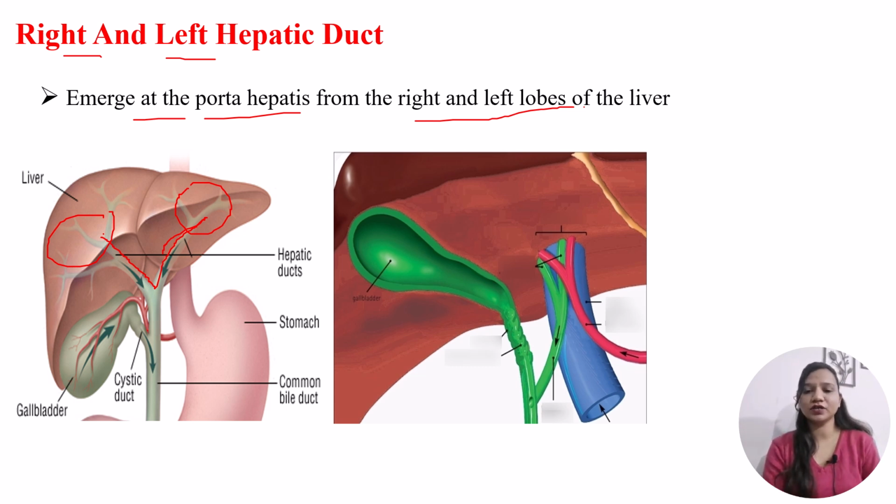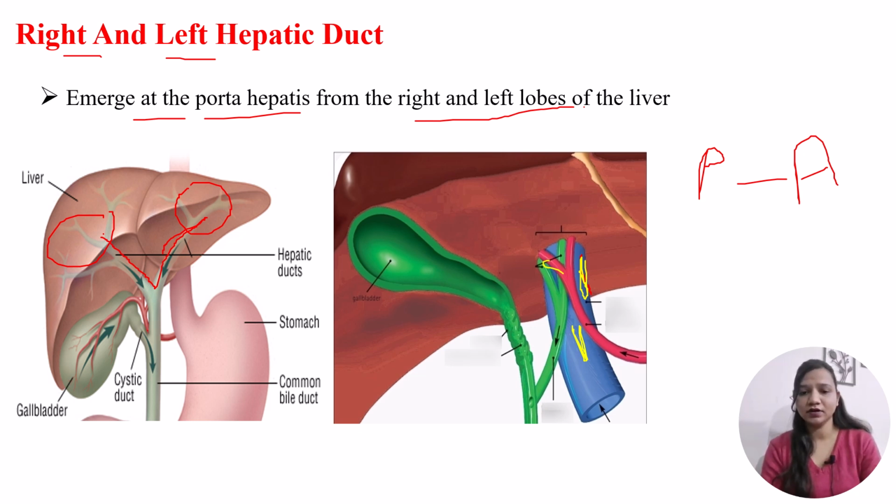So, from posterior to anterior, if we see the contents, most posteriorly is the portal vein. The blue structure you are seeing is the portal vein, present most posteriorly. Then in front of the portal vein is the hepatic artery.